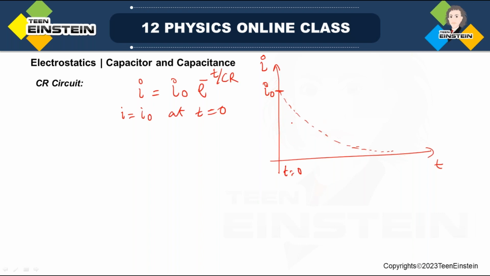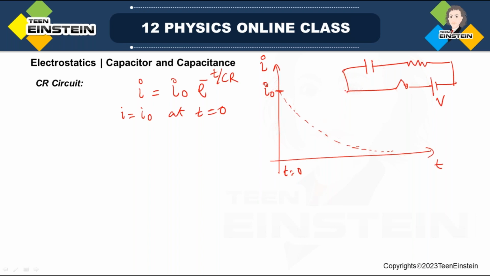Initially in the circuit the current will be maximum, and as soon as the capacitor gets some charge, there will be some voltage drop across it. This voltage across the capacitor will oppose the current flow.